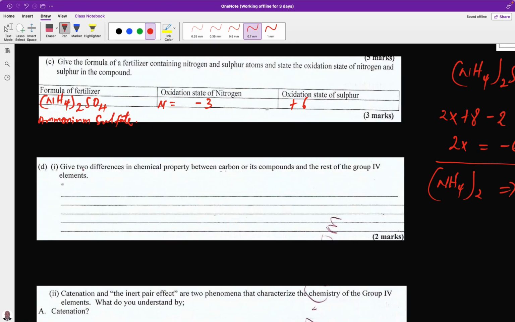One, we can say carbon has the ability to catenate.